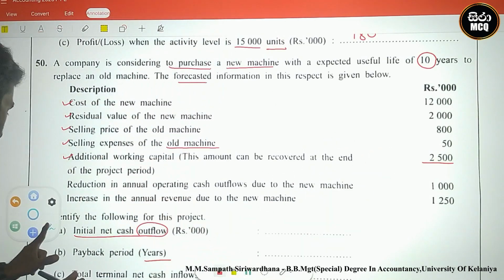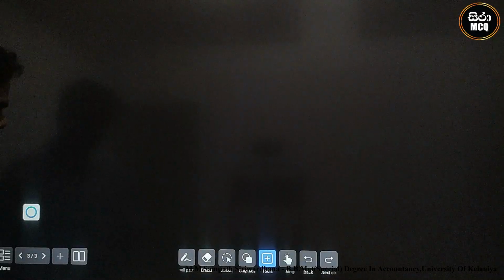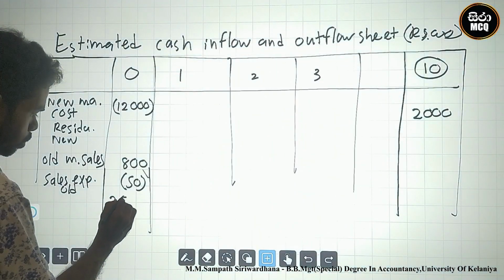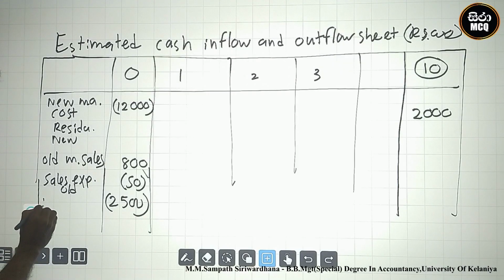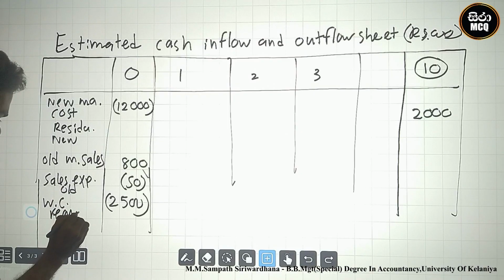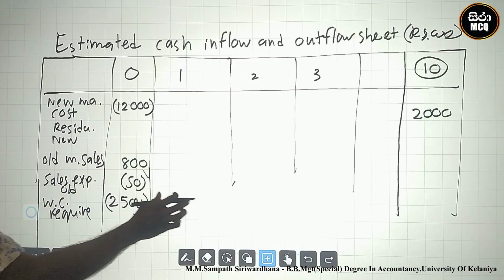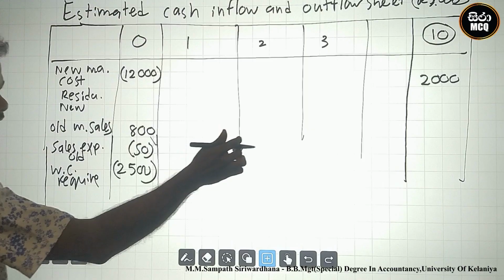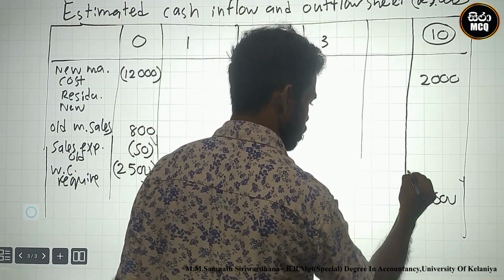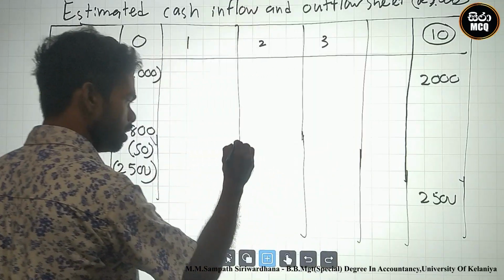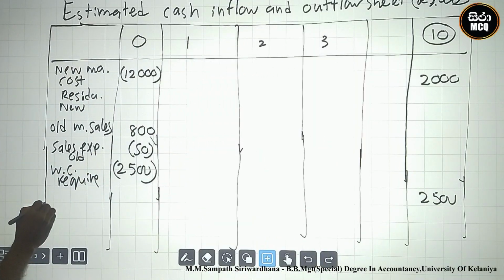There are two locations there. You must deduct the working capital requirement in year 0. But after that, in the final year 10, there is an inflow, the working capital recovery.